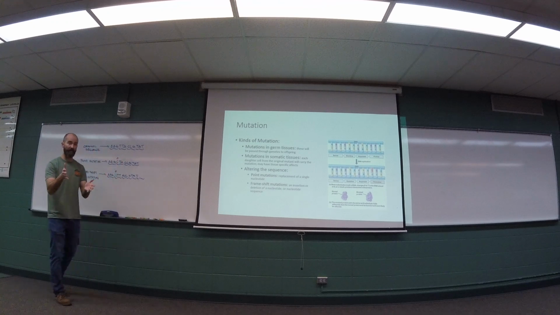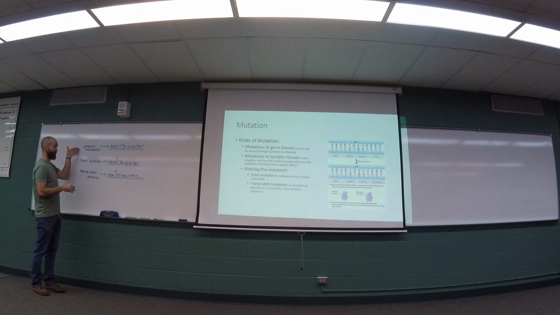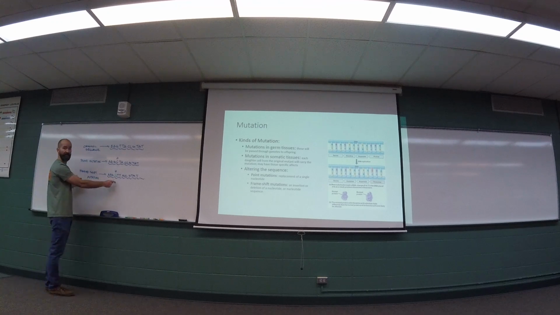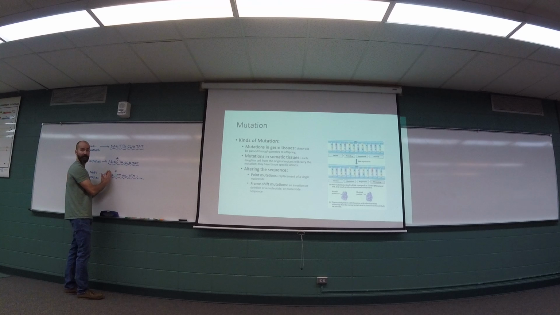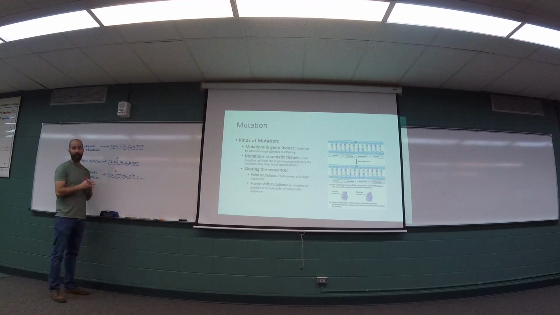Let me tell you what I mean. So here is, again, our original sequence, and then here's a frame shift mutation where at this point in that second codon, instead of that 4th nucleotide being changed, rather a new nucleotide is inserted so that everything downstream from it moves to the right 1 spot.